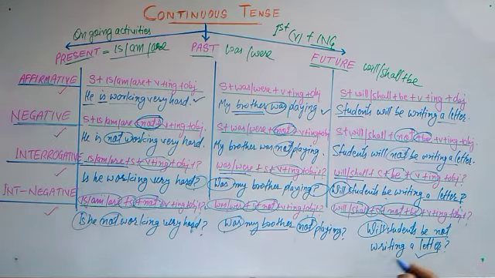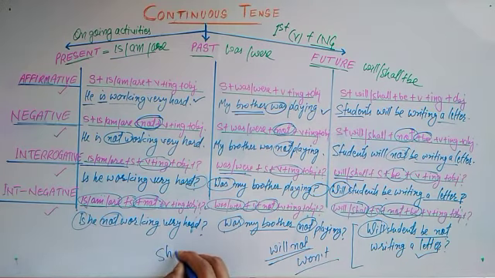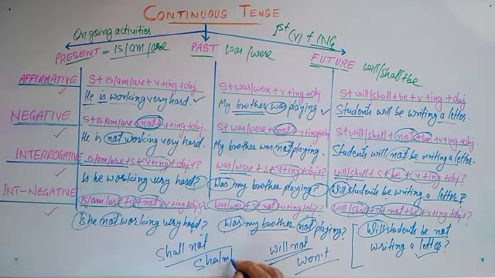Students, remember one thing, in case of future tense, will not can be written in short form, that is won't. Okay, and same way shall not can be written also in short form, that is shan't. So it is the same in both the cases.